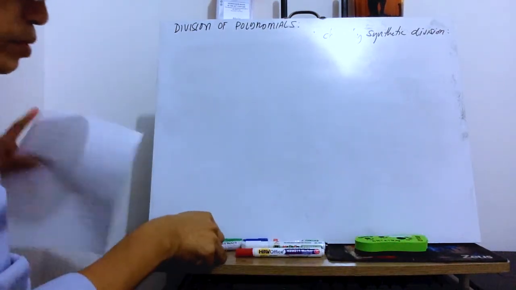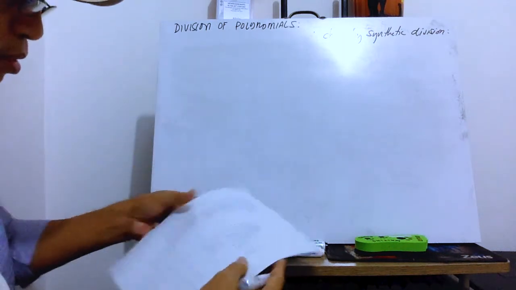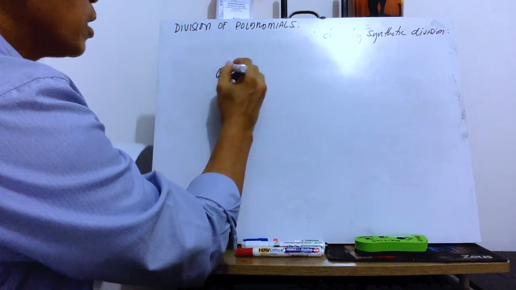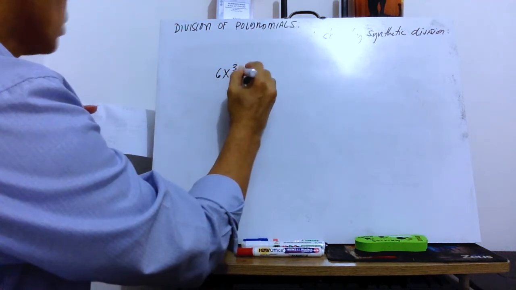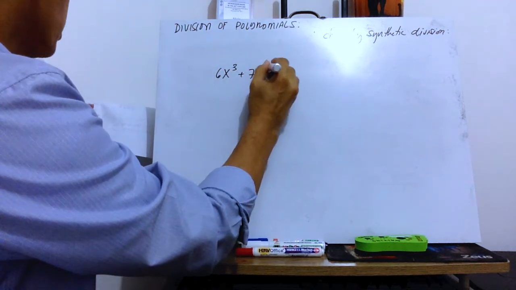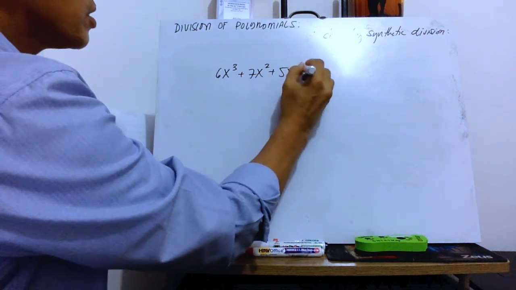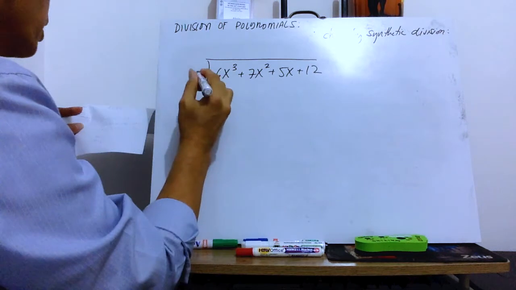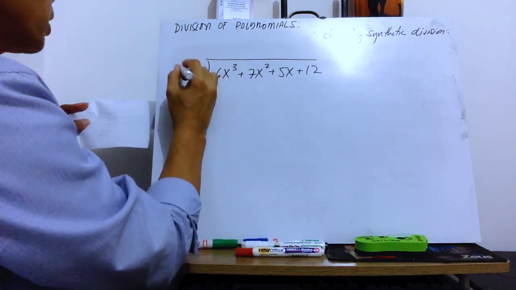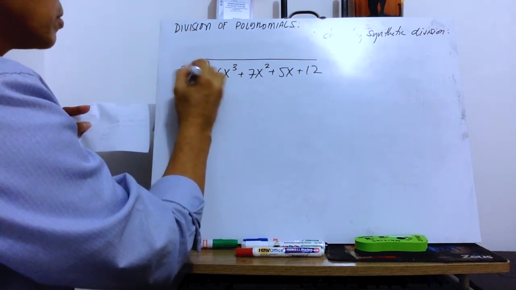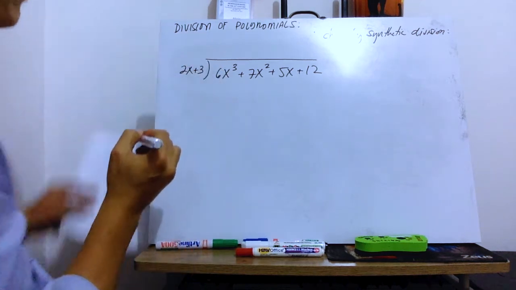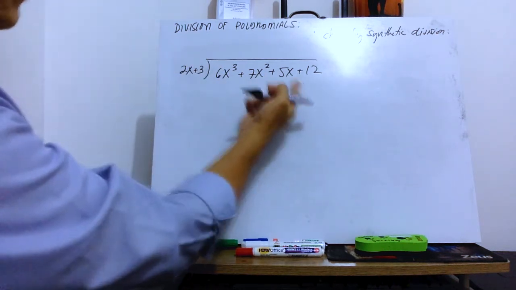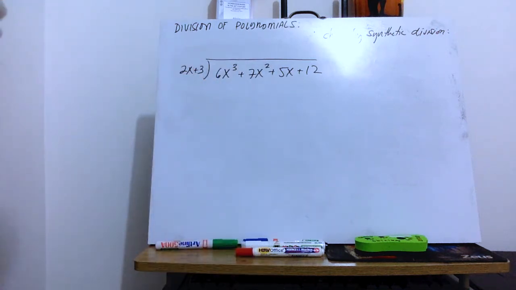Let's see. 6x cubed plus 7x squared plus 5x plus 12, divided by 2x plus 3. Right. So 6x cubed plus 7x squared plus 5x plus 12 divided by 2x plus 3.